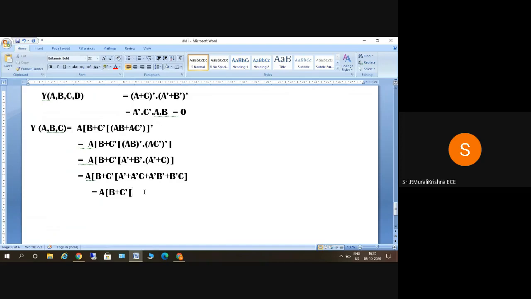So if I take A bar as common, so A bar into 1 plus C plus B bar. 1 plus C plus B bar plus B bar C.